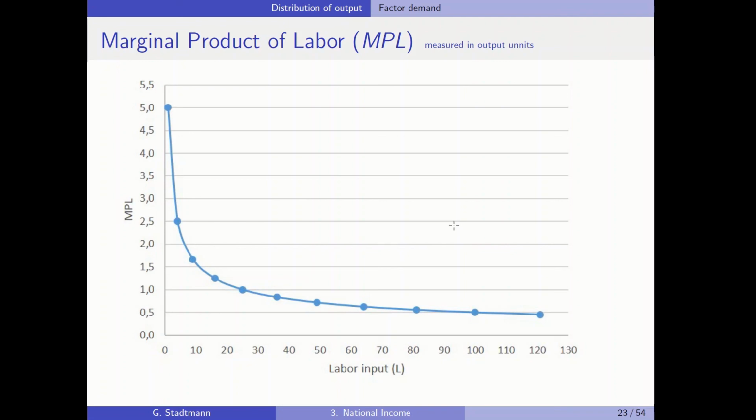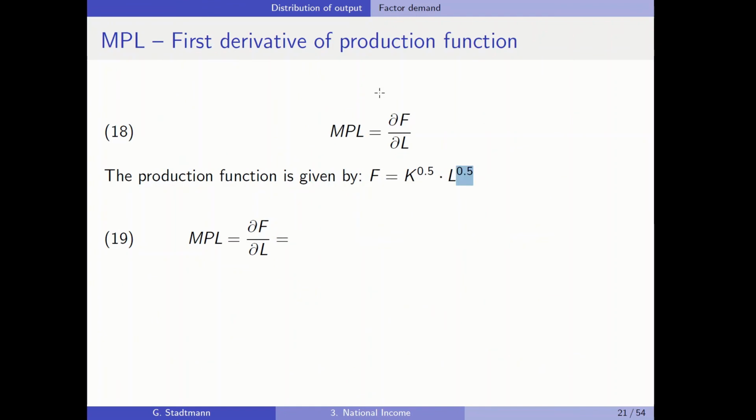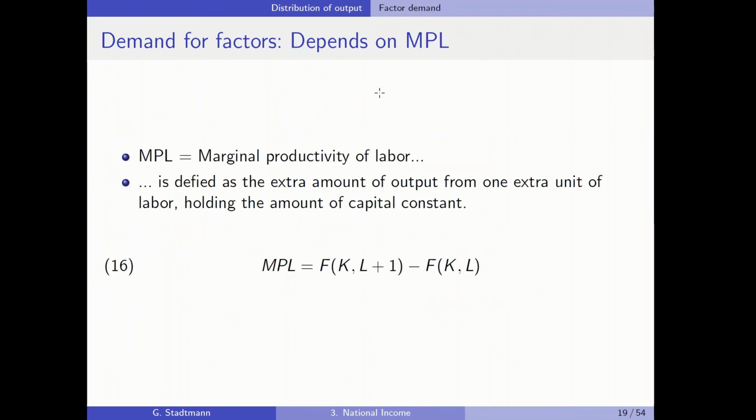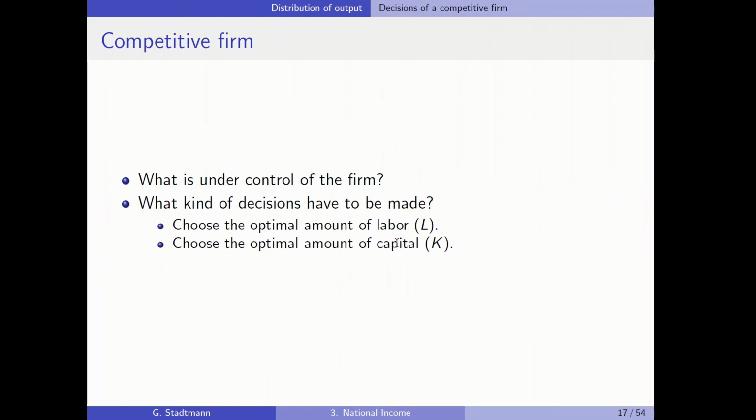So why is it necessary that you know all this stuff? Why is it necessary that you know something about the marginal product of labor, production function, and stuff like that? Once more, it is the case that we have to think about slide number 17.